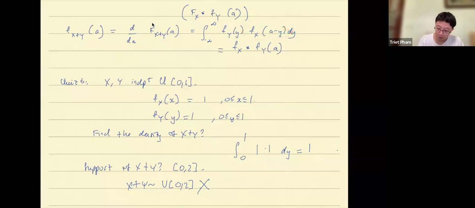So you have to work through something like 0 less than a minus y less than 1. So something like y is less than a and y is bigger than 1 minus a. And then, of course, there's also the restriction that y is between 0 and 1 from the first one.